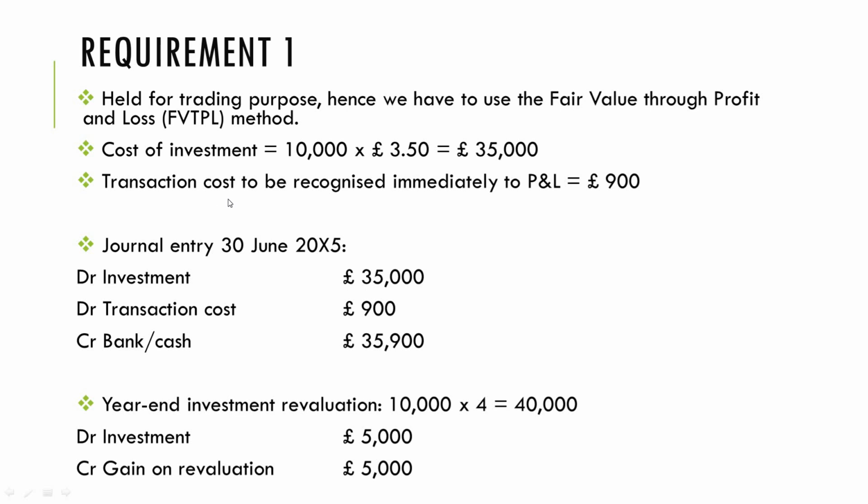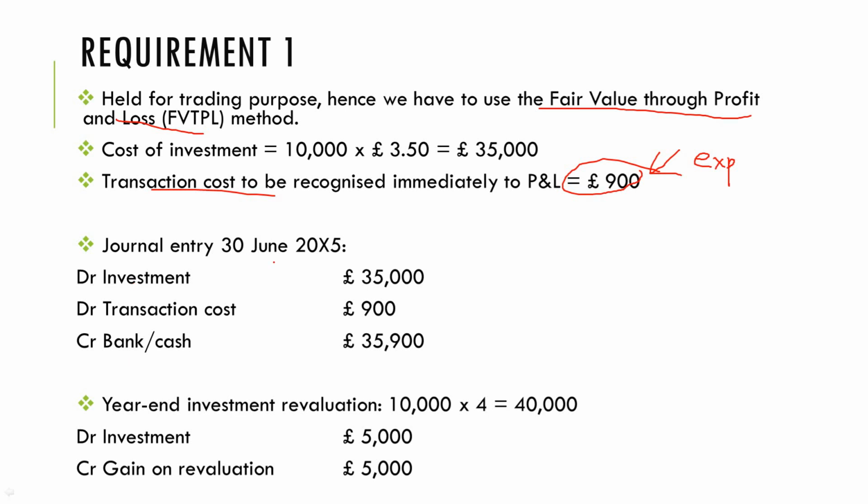Vilma has to incur a transaction cost of £900. Since we are using this method, fair value through profit and loss, you must remember that the transaction cost needs to be expensed off immediately. So this 900 is considered as your expense.